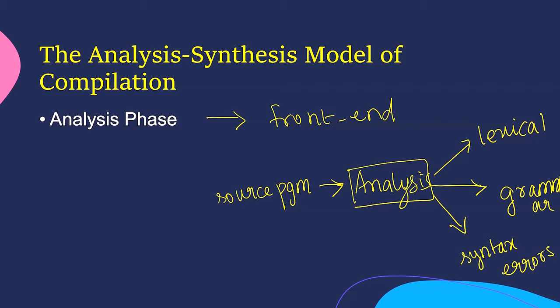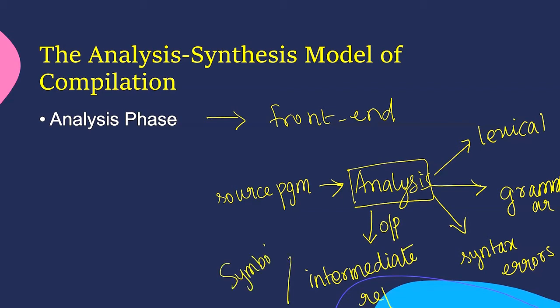So the analysis phase generates an intermediate code representation of the source program, and it also generates symbol table. So these two, intermediate representation of the source program and symbol table, have to be provided as an input to our next phase, synthesis phase.